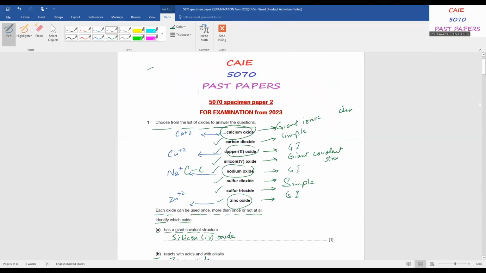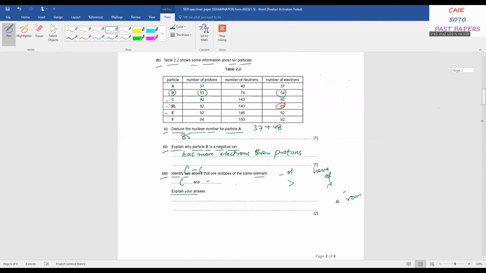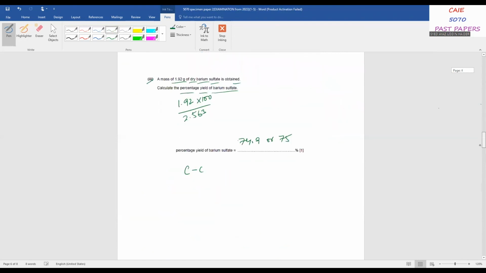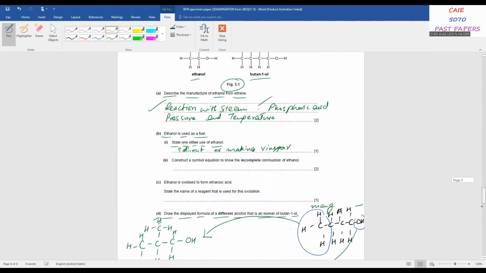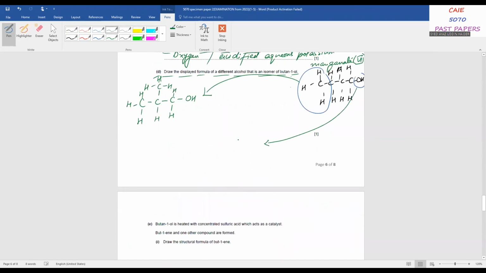C1, 2, 3, 4. I'm changing the position of OH. You can place it here and place hydrogen. These two are possible isomers of butan-1-ol.